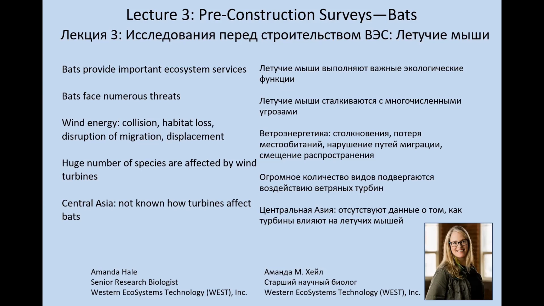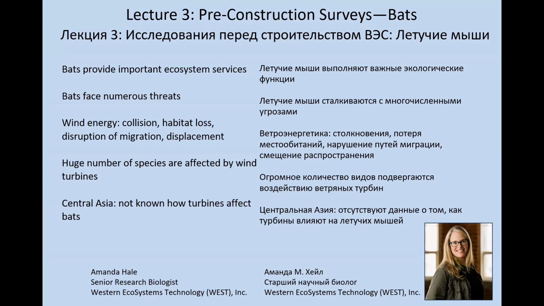In the case of wind energy, wind turbines can result in collision for bats and fatality. They can result in habitat loss, disruption of migration, and displacement, moving them into bad habitats. One of the things we see with bats is that almost all species are affected by wind turbines.